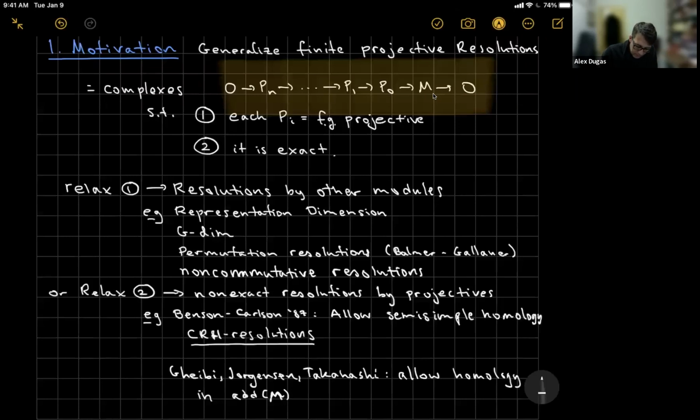And they call these quasi-projective resolutions. There is a little bit of overlap between these two notions, in the context where you have a simple module over a local ring. But for the most part, these are fairly distinct types of resolutions.